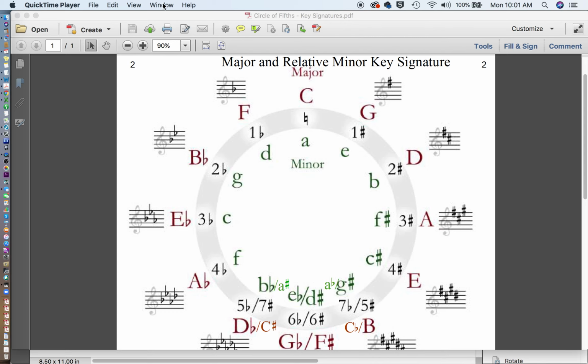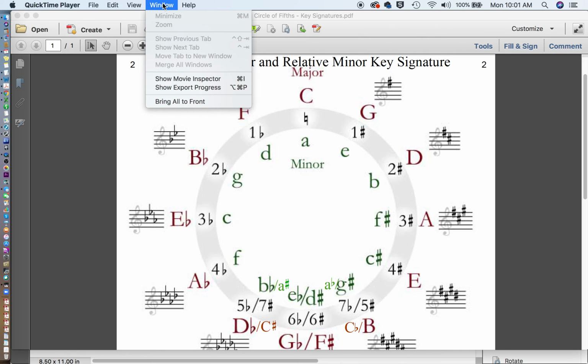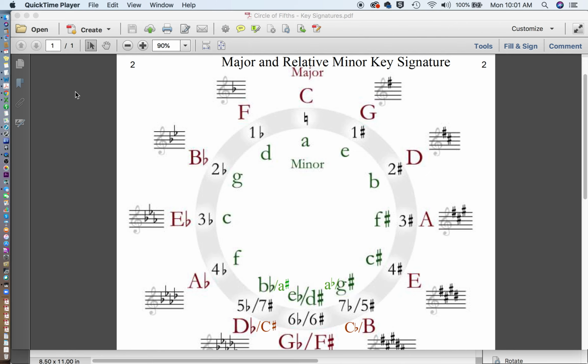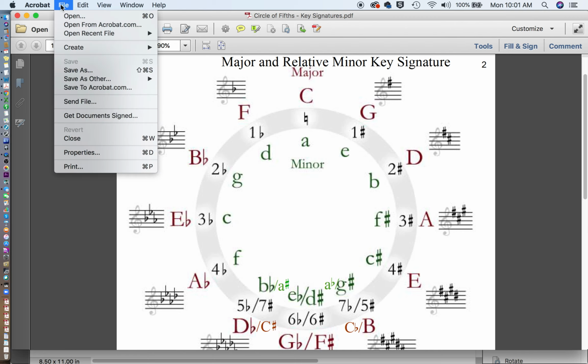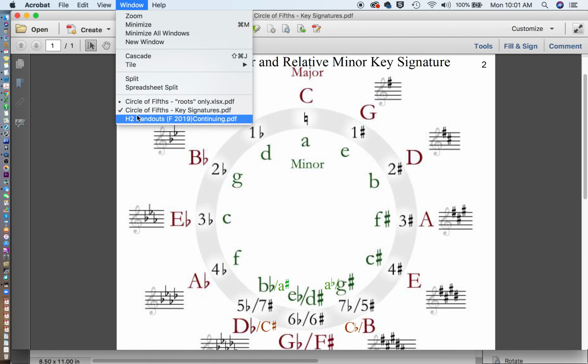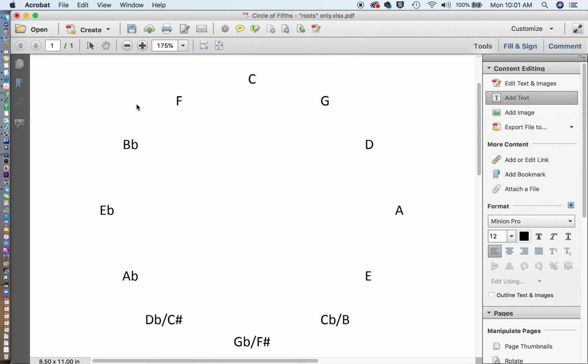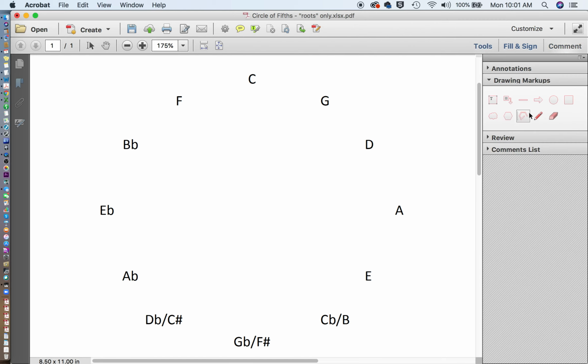Okay, so let's talk about secondary dominance a little bit, and in order to do that, I'm going to switch over to this other file here. I've done the same thing with the circle of fifths, but now I don't have any key signatures. Now if we think about the key of C major, we are going to have these notes.